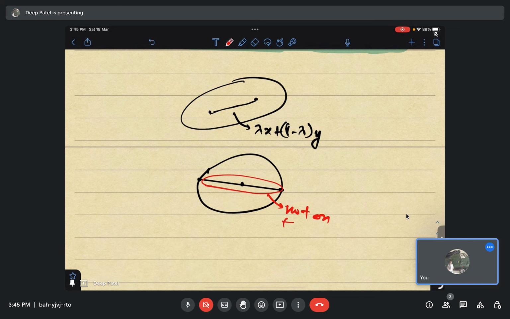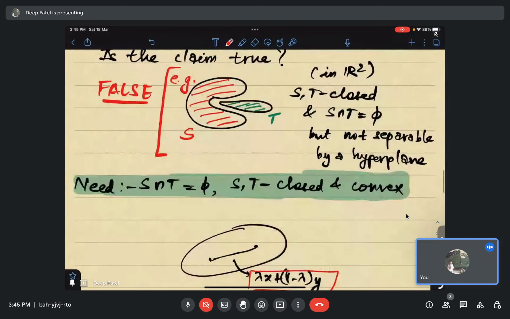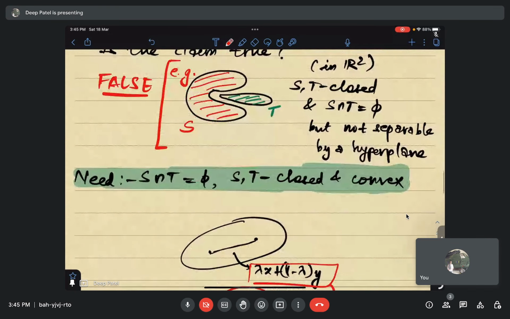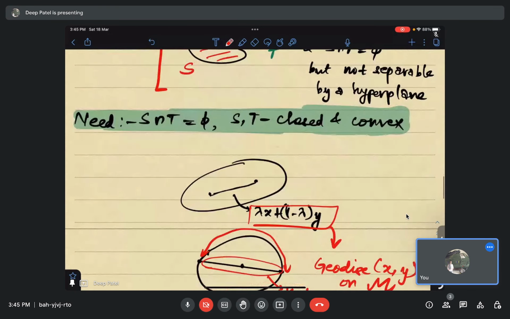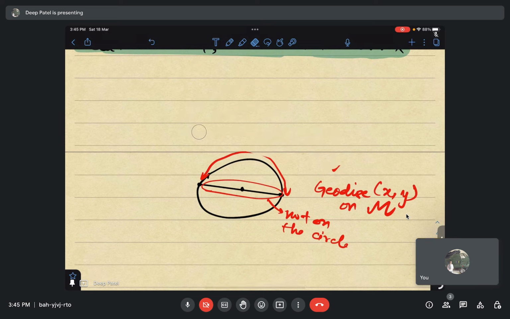So actually I'll have to go around, the geodesic between x and y on the manifold. So definitions will change up here, but I don't know what the hyperplane equivalent turns out to be. I'm not experienced in differential geometry. Maybe there are analogs of that, not linear, but something else.